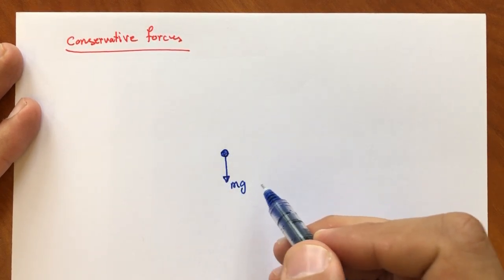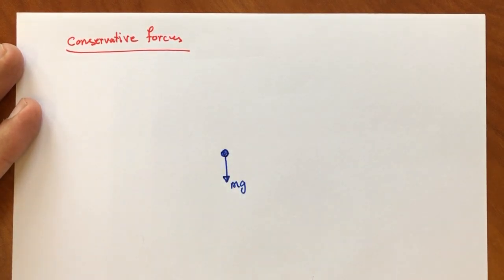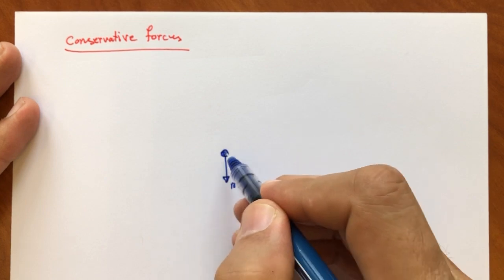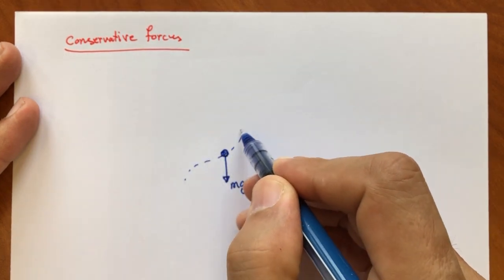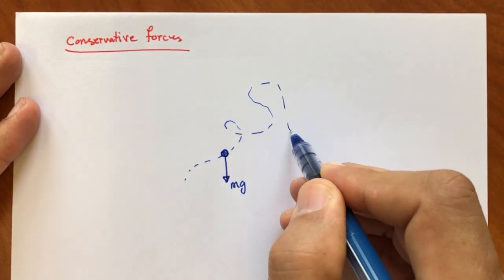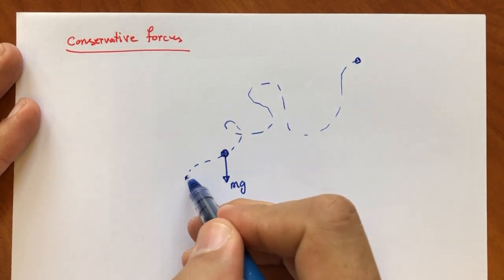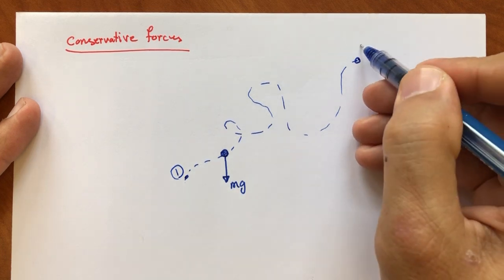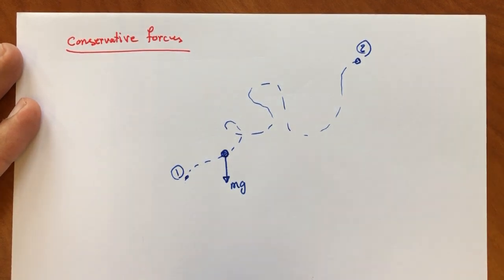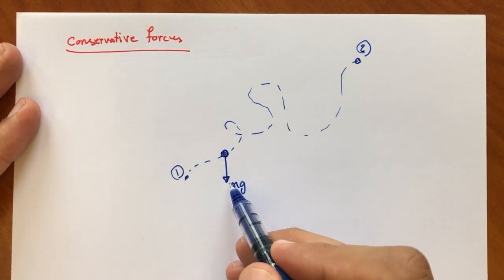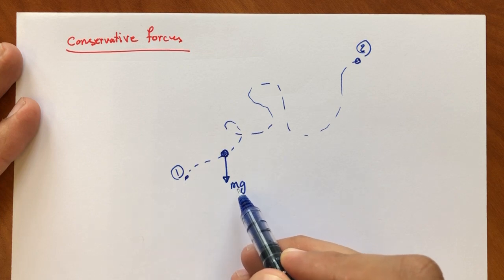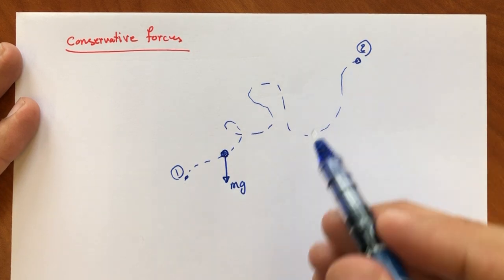We can have other forces too, but here I'm going to talk about the work of this gravitational force. And we are moving this particle from here with this weird path to here. So at the beginning, let's say it is here, and at the end, it's going to be here. And I want to calculate the work of gravitational force from here to here.